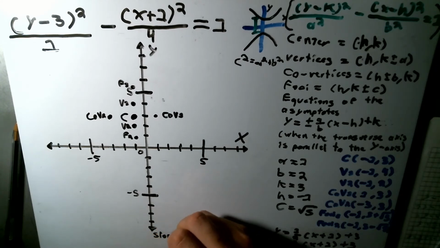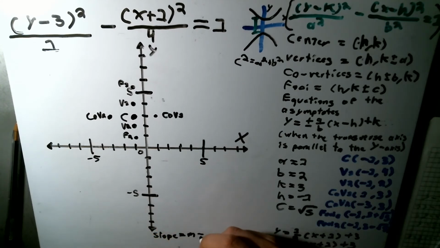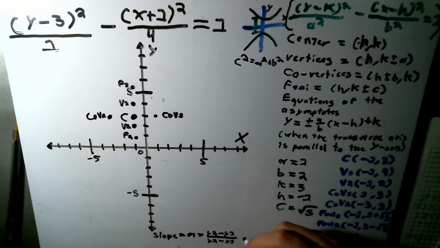Slope equals m, which equals y2 minus y1 over x2 minus x1, which means that the slope is the result of dividing y over x.